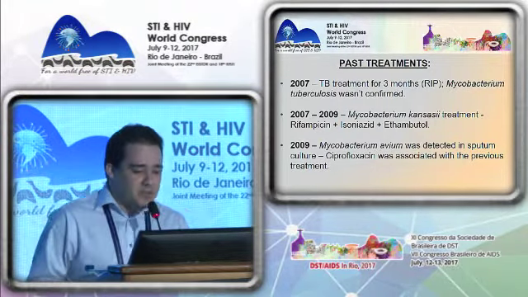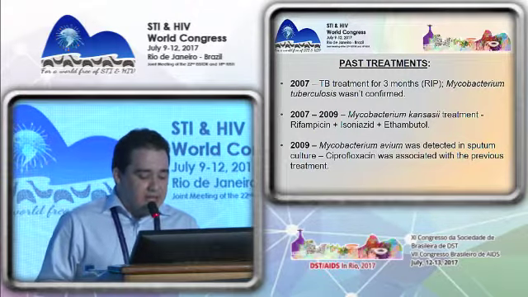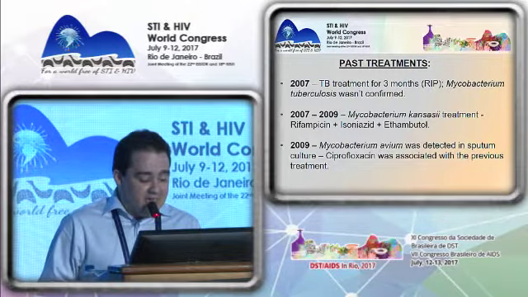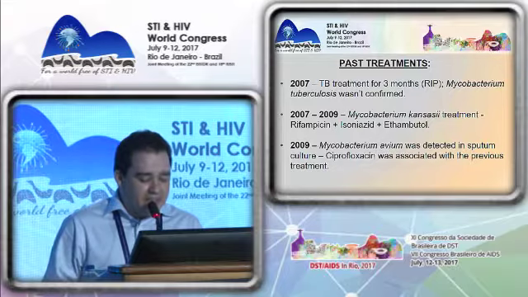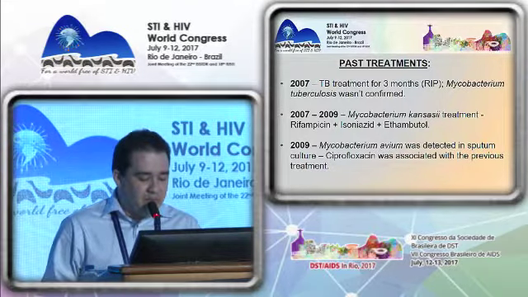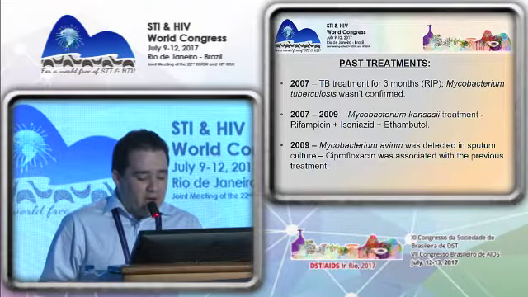As past treatments, in 2007, the patient was treated for TB for 3 months with rifampicin, isoniazid, and pyrazinamide, but Mycobacterium tuberculosis wasn't confirmed.